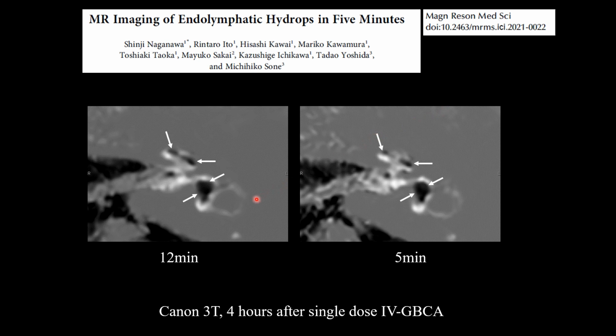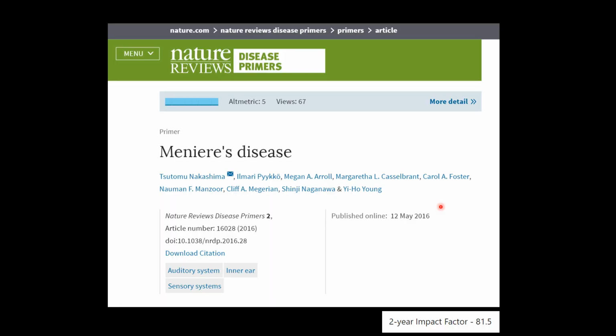Now, using the AI assisted denoising technique, we can get this kind of picture within 5-minute scan. And these are summarized in the review article on a very high impact factor journal.